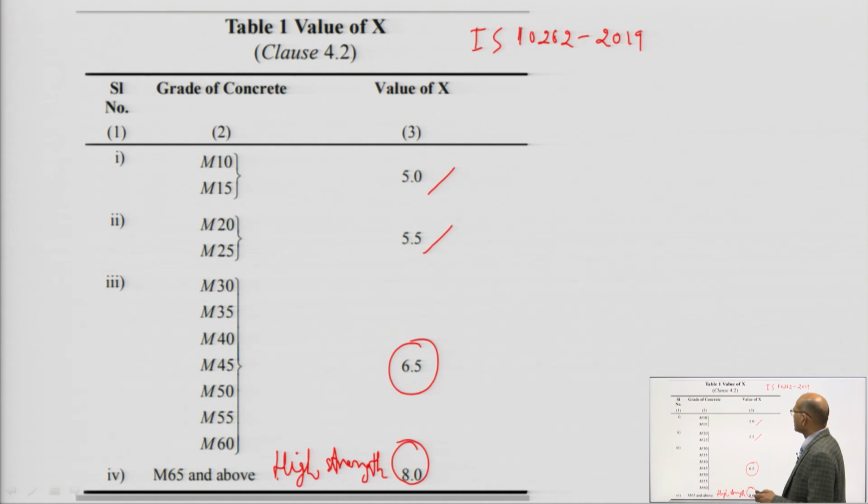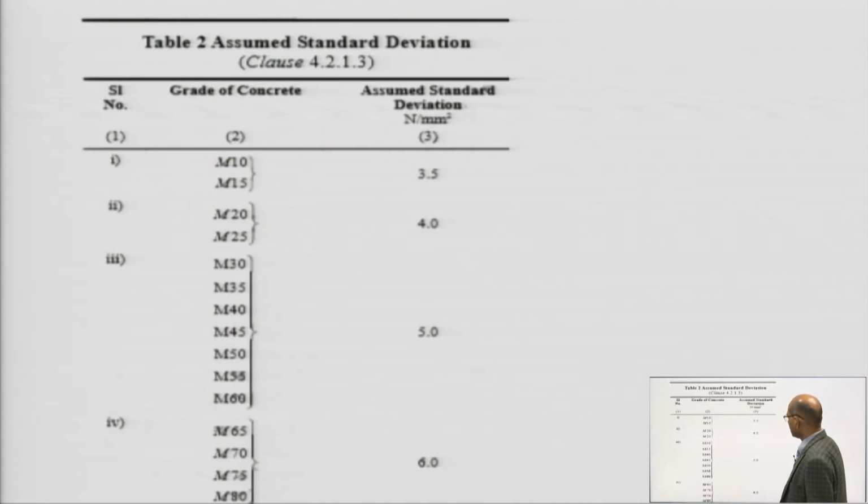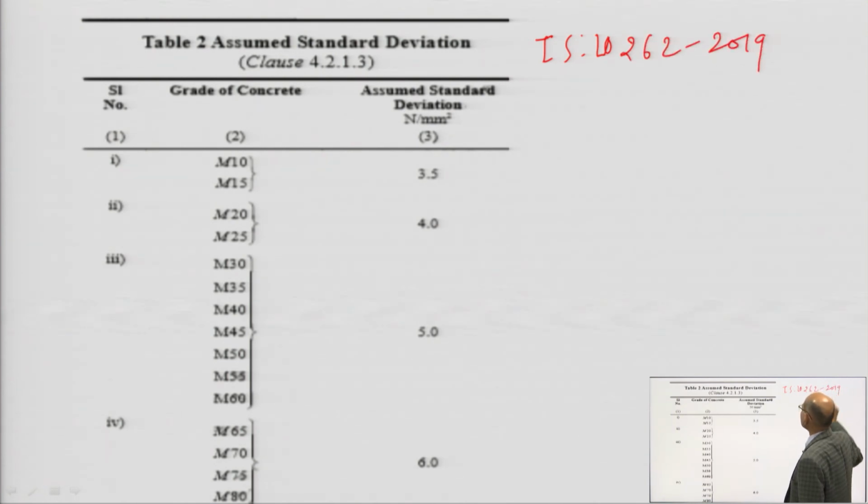Okay. Then similarly, consider the assumed standard deviation, because at the initial stage we do not have the variation, how much variation is provided by the contractor. So, either you refer to IS 456, where we also get a similar type of table. This table has been taken from IS 10262:2019.